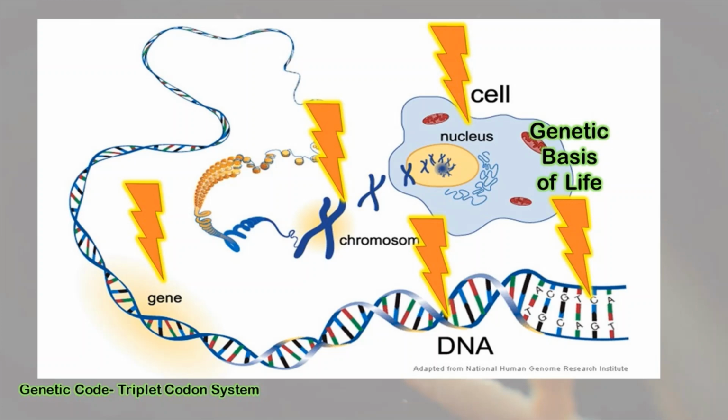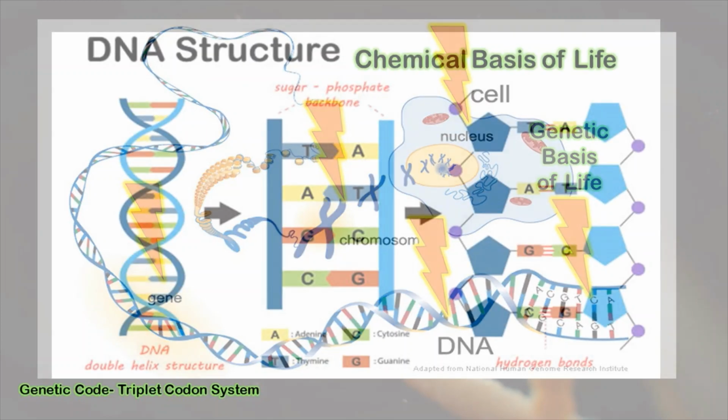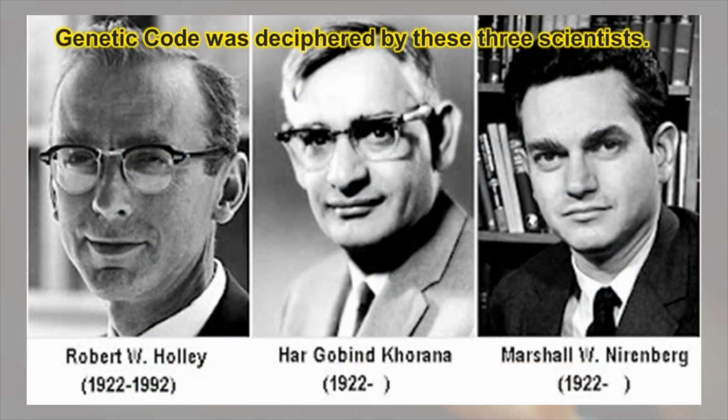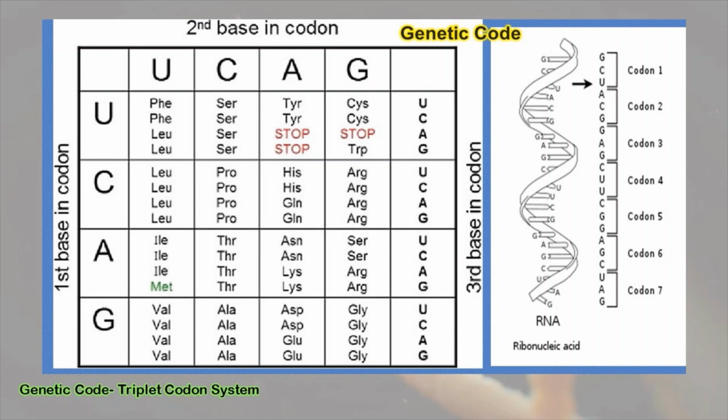DNA stores the information in the form of genetic code, that is in the form of nucleotides, which are A, T, G, C. Even though the structure of DNA was understood much earlier, the genetic code was deciphered much later. It was done by Nirenberg and Khorana.